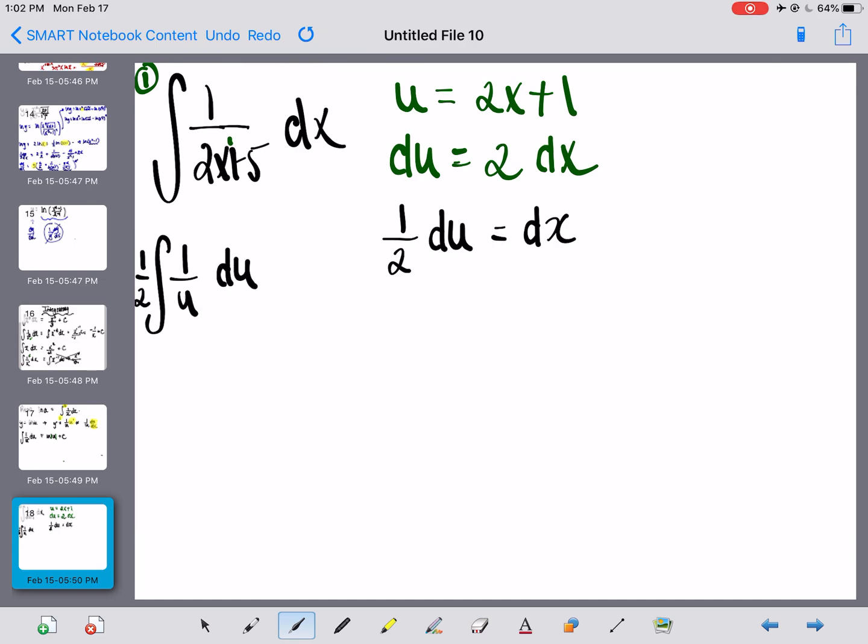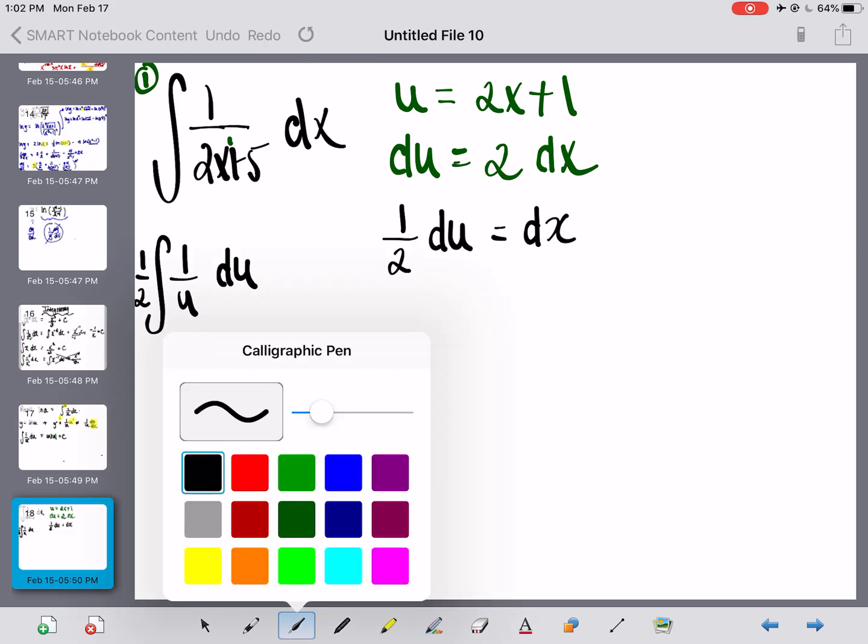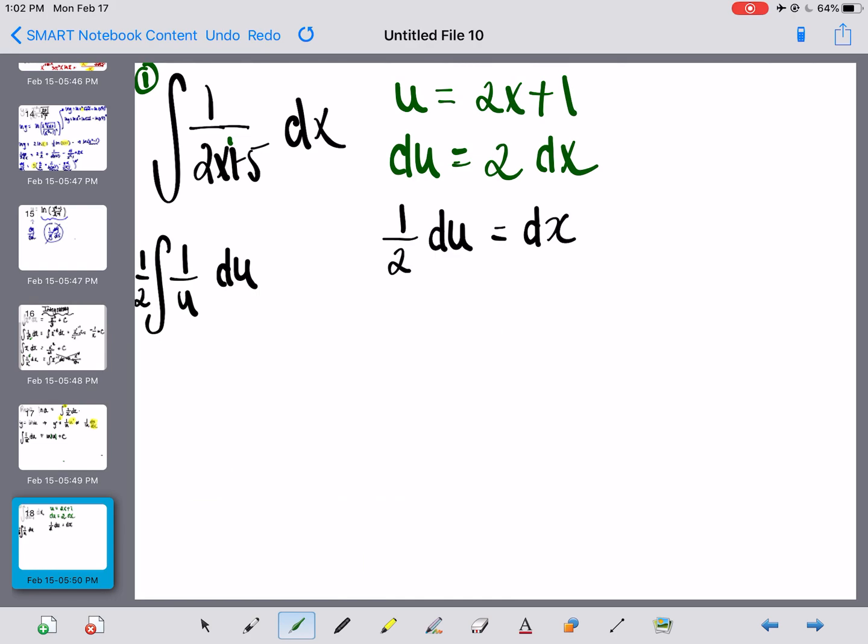Now we can apply the definition of the natural log. The integral of 1 over u du will give you the natural log of u times 1/2 plus c.